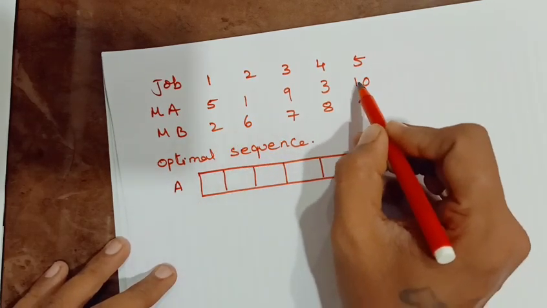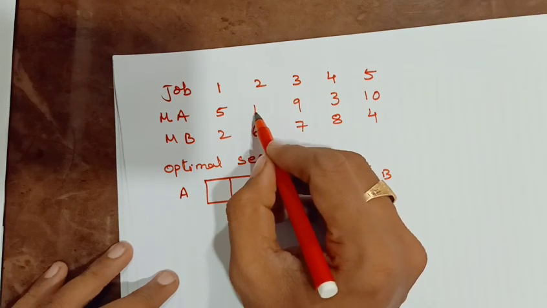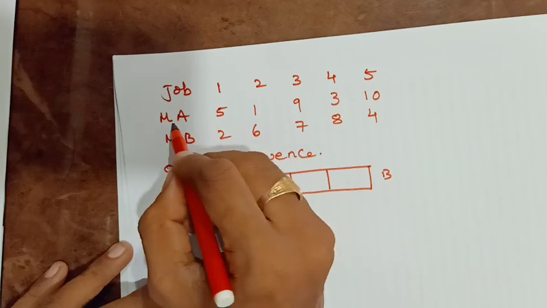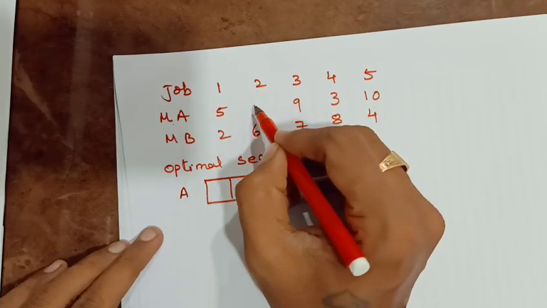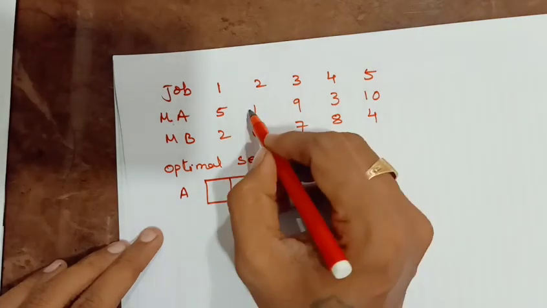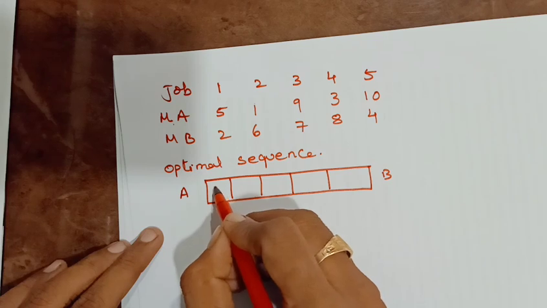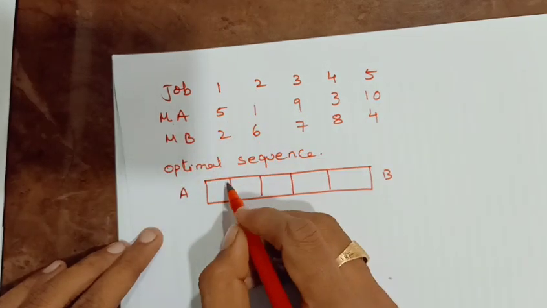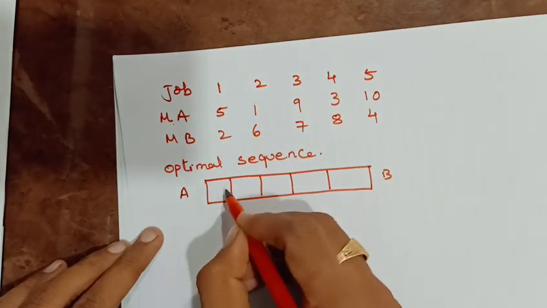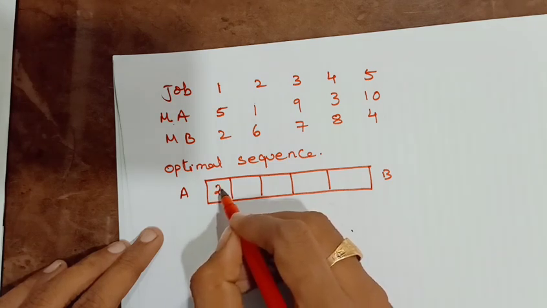Now in these processing times, the minimum processing time lies in machine A under job 2. So the first job in the sequence will be job 2.